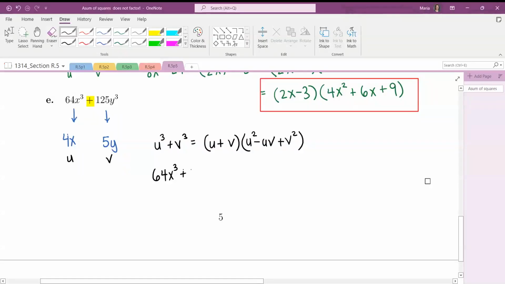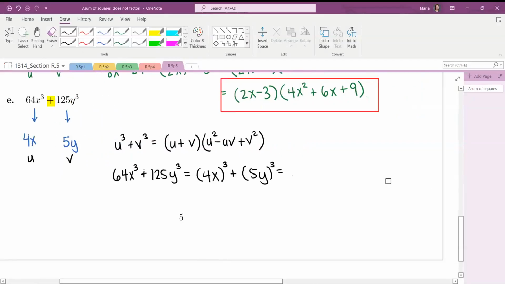64x cubed plus 125y cubed, that is the same thing as the quantity 4x cubed plus the quantity 5y cubed. Okay, follow the recipe.